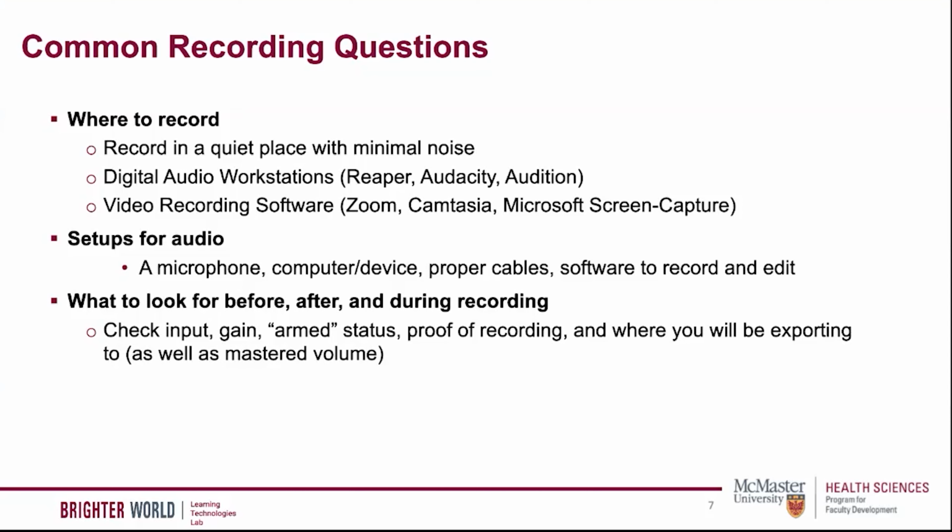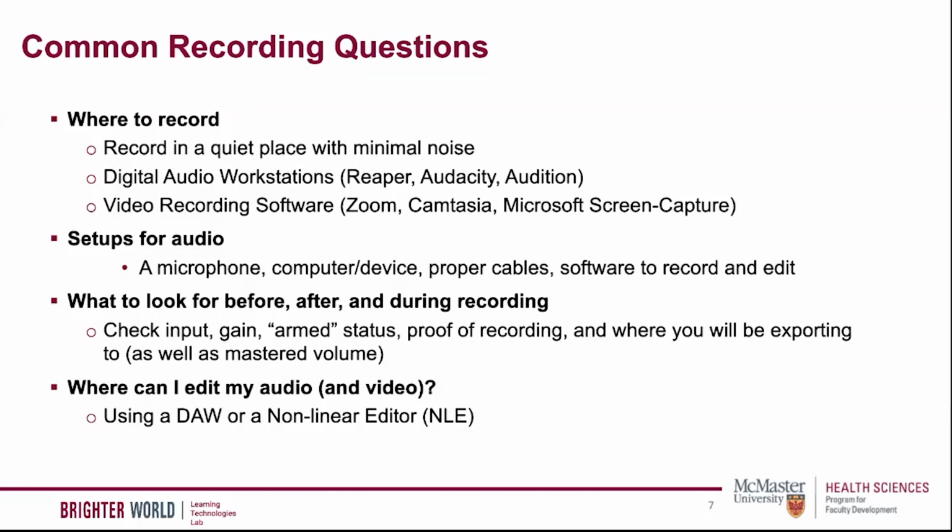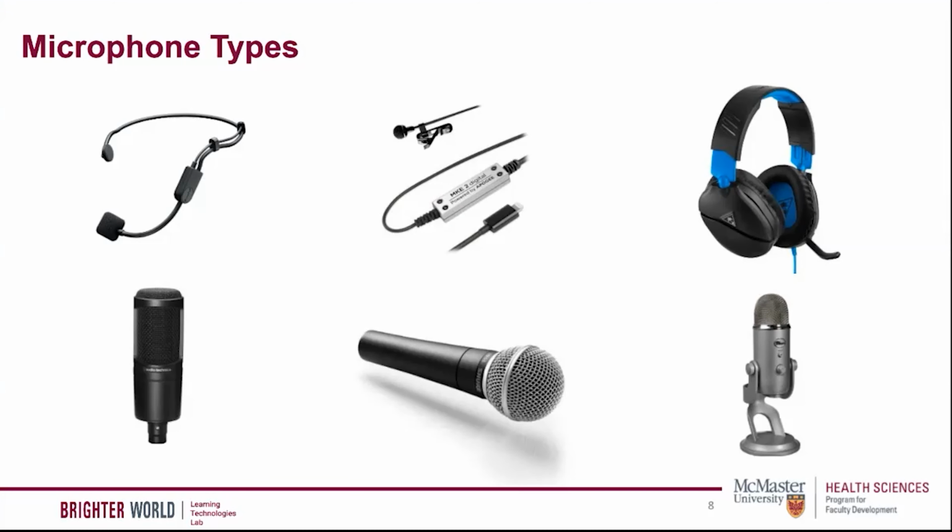And we'll get into what you need to do to make sure that you're getting as much out of your recording as possible. As I mentioned, you can also edit in a digital audio workstation or a non-linear editor. That's software like Premiere, Camtasia, and I think Echo 360 might have some editing capabilities, but don't quote me on that.